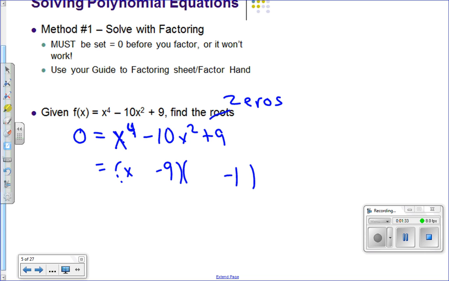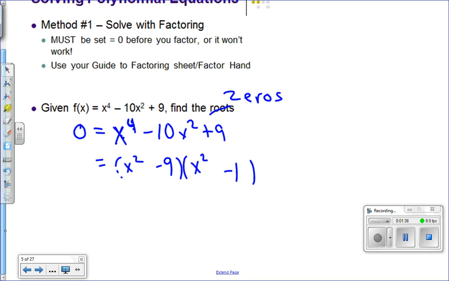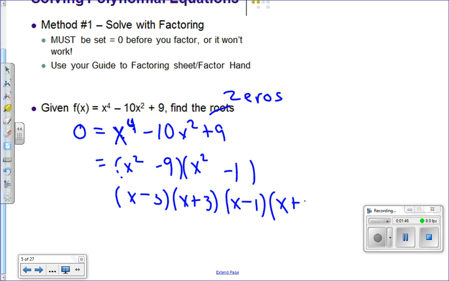And then we'll have x squared minus 1 and x squared minus 9. Both of these can be factored further with the difference of squares. And what we have here are 4 linear factors that I can now set equal to 0.